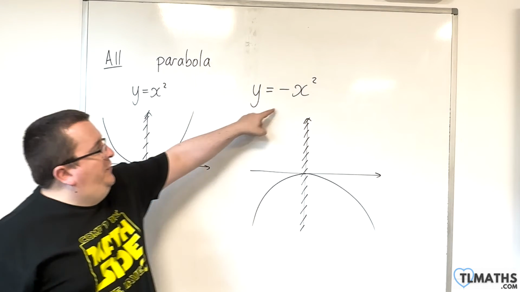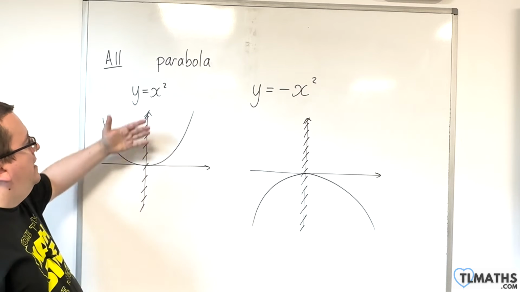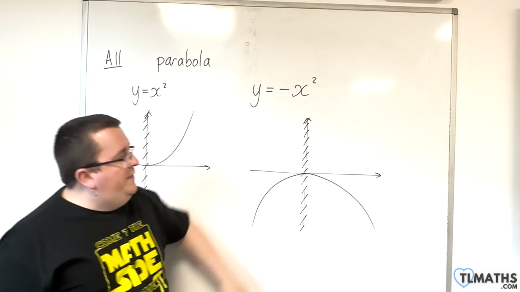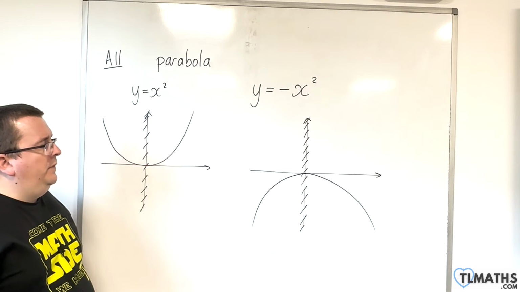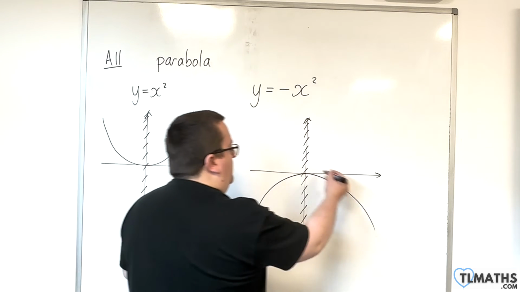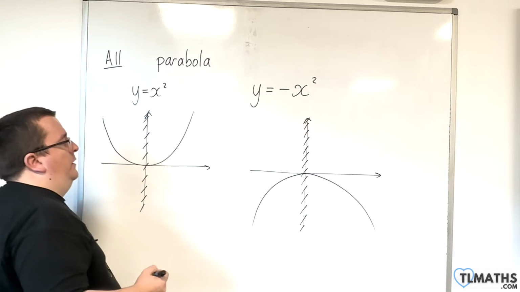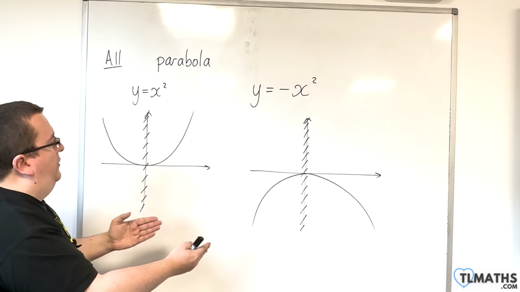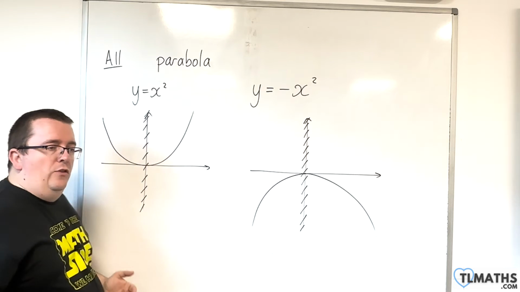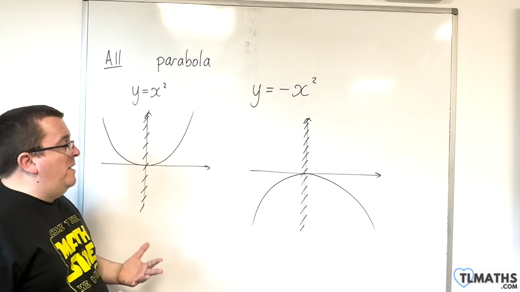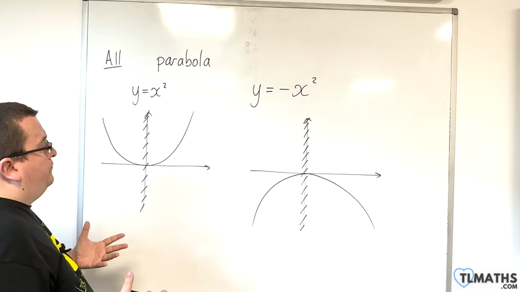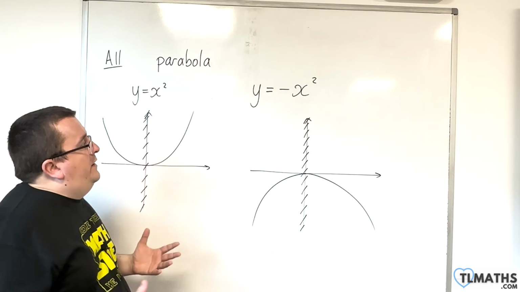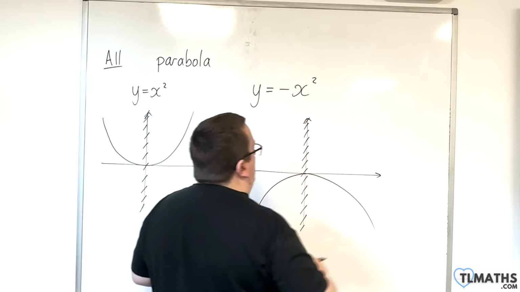But placing that minus sign there, what it's done is it has reflected the graph down in the x-axis, and you get this shape instead. So this is still a parabola. Okay, so just because it's not up, but the other way, we still refer to it as a parabola. It's, as I said, just up the other way. And then, of course, you can pick this up and move it to wherever you want.